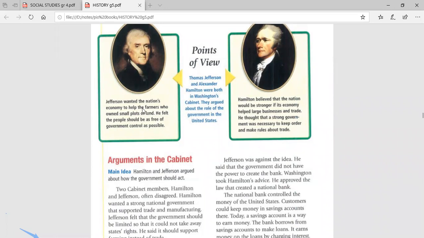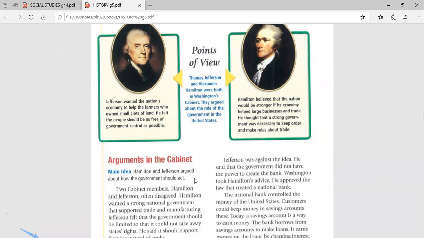Jefferson thought that America would have a strong economy if we were interested in farming. But Hamilton has another point of view, that America would have a powerful economy if it was interested in what? Interested in trading and business. So Jefferson was interested in farming, but Hamilton was interested in trading and business.